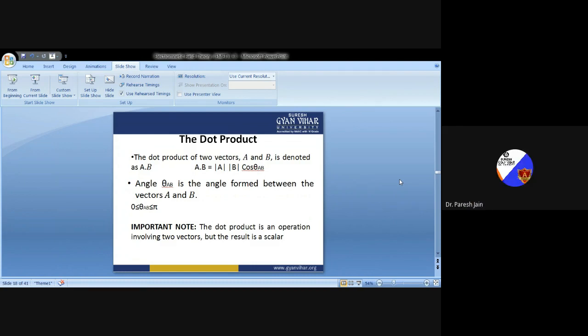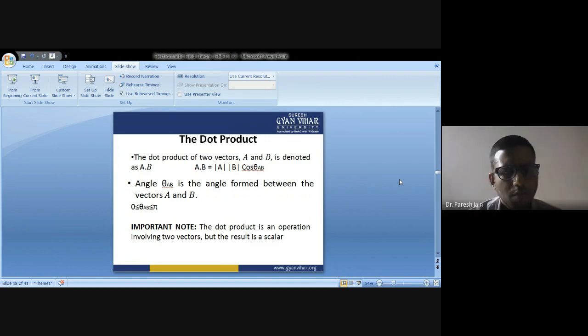It is written as a dot b equals mod of a into mod of b into cos theta, where theta is the angle formed between the vectors a and b.